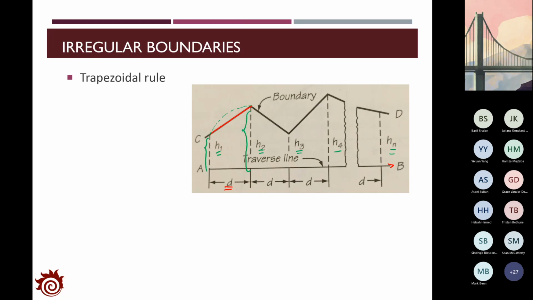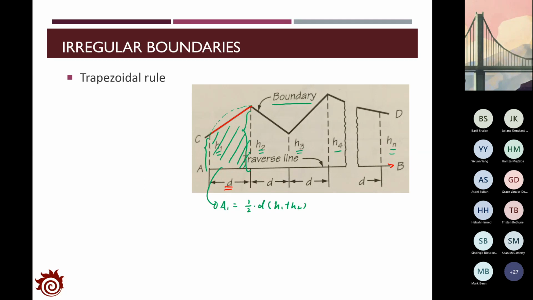We first calculate the area under the first interval, which is a trapezoid, so the area is half of d times h1 plus h2.